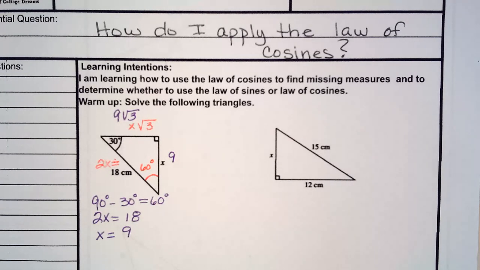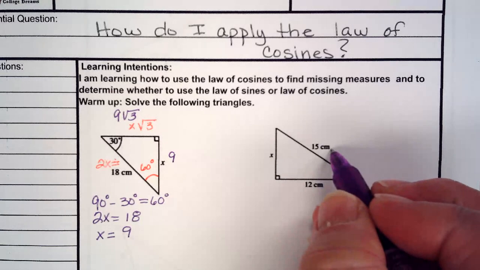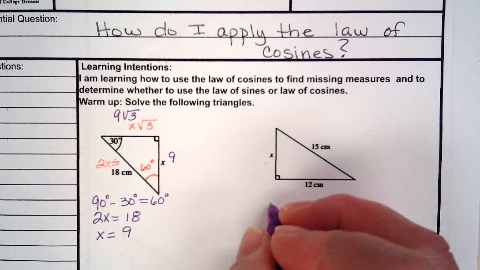Okay, for the next one, we've got two of our three sides. Whose theorem do we use to find that third side? The Pythagorean theorem is correct. This is my hypotenuse. I'm looking for a leg.